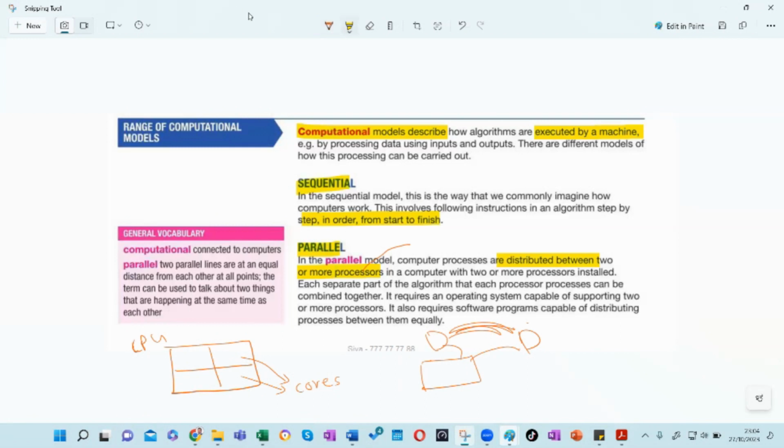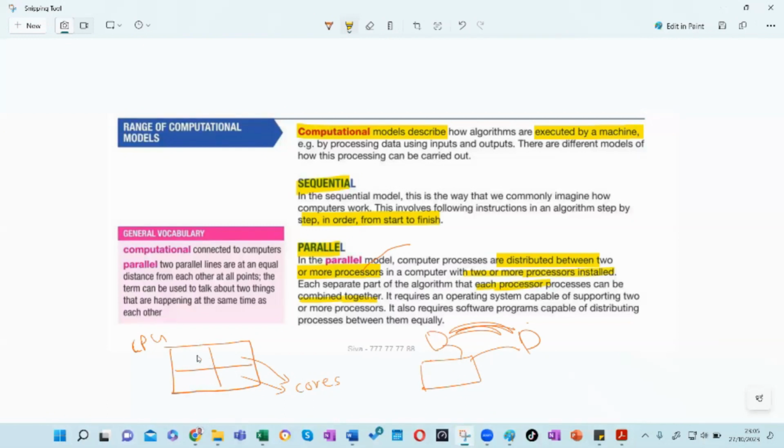So, a computer with two or more processors installed. Remember, these processors are cores. Each separate part of the algorithm that each processor processes can be combined together, right? Let's say you have a small program of adding two numbers and outputting the total: one core can handle inputting one number, while the other core is handling the inputting of the second number.